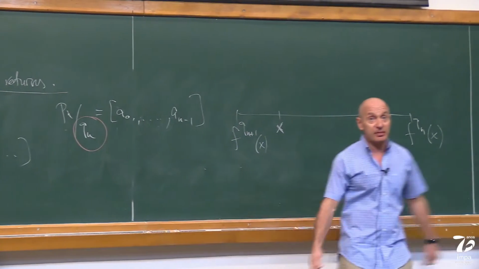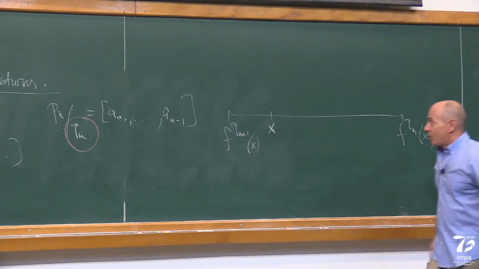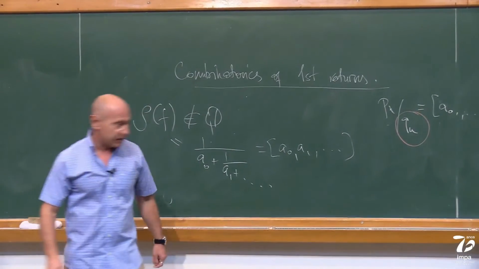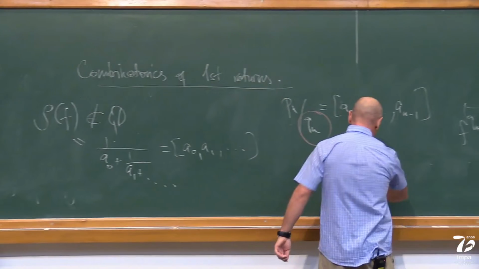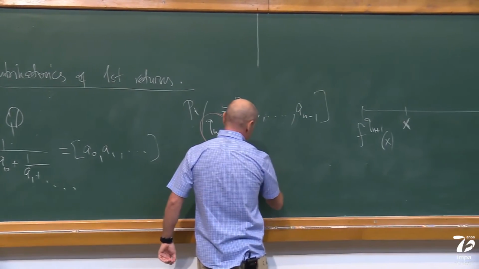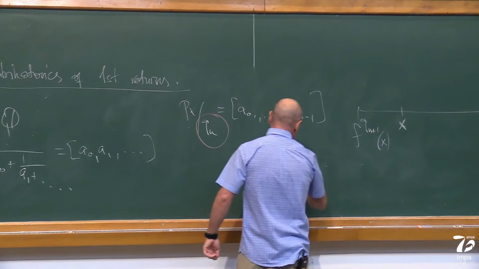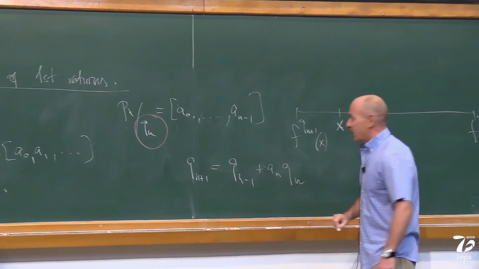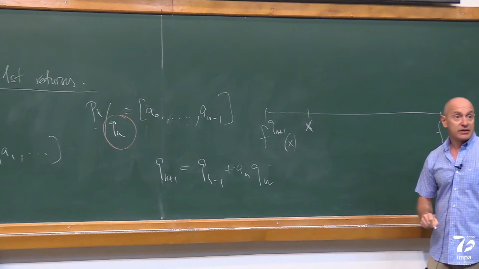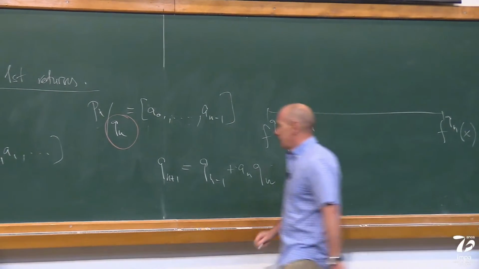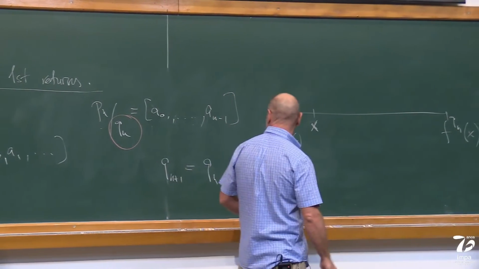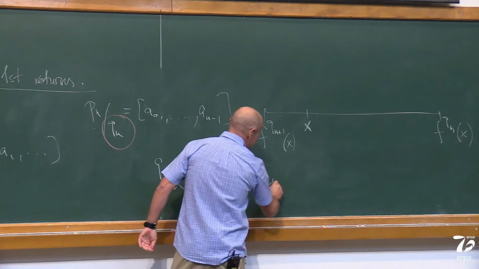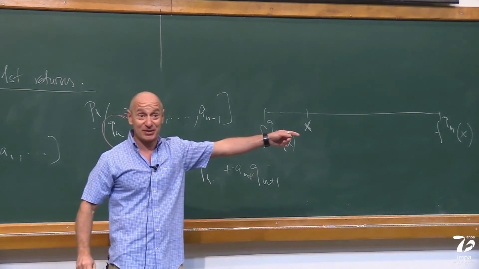You also get intermediate returns, which are produced by the recurrence formula q_{n+1} = q_{n-1} + a_n q_n, right? So q_{n+2} = q_n + a_{n+1} q_{n+1}, just so I can use this picture.